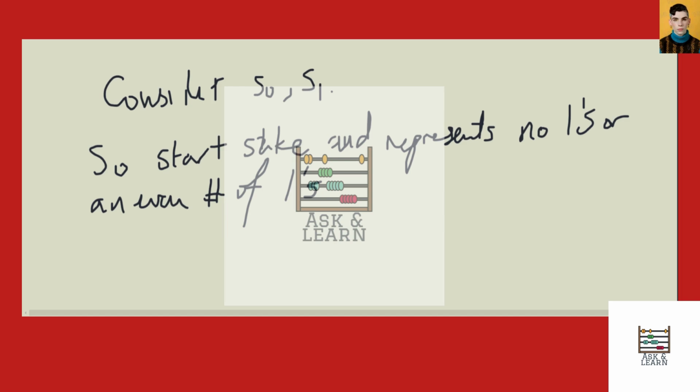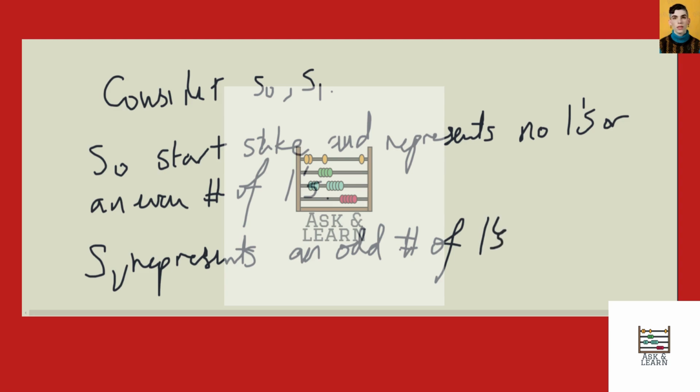Technically, no ones is an even number, but I'm just going to say that to make a distinction. In the string, and S1 is going to represent the fact that we have an odd number of ones in the string.